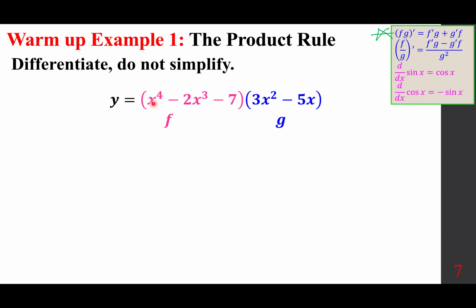Here's f. F prime would be 4x cubed minus 6x squared. So again, 4 sits in front, x to the power of 4 minus 1. Minus 2 times 3 is minus 6, x to the power of 3 minus 1. F prime g. So just put the g, the second parenthesis next to it.